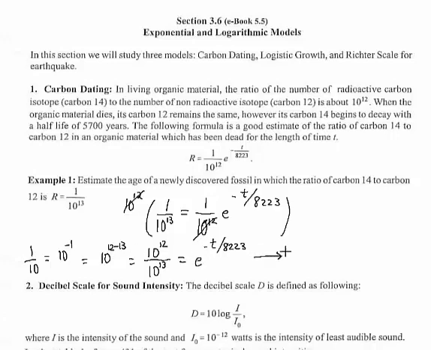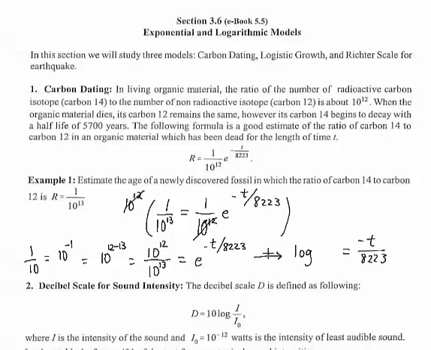As in the previous chapter, the way we solve this is we convert it to a logarithmic version of the same equation, and we write the log equals the exponent, negative t divided by 8,223.